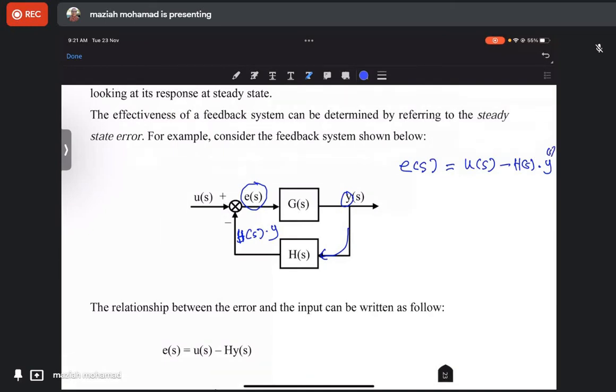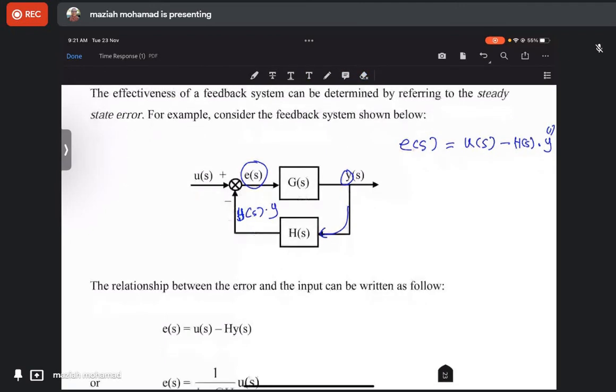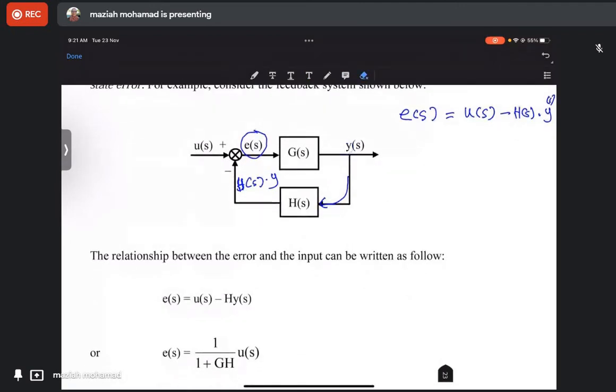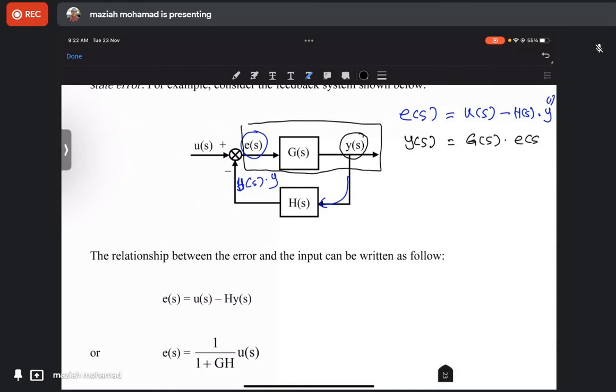Based on the diagram here also, we can say that Y(s) is equal to G(s) multiplied with E(s).